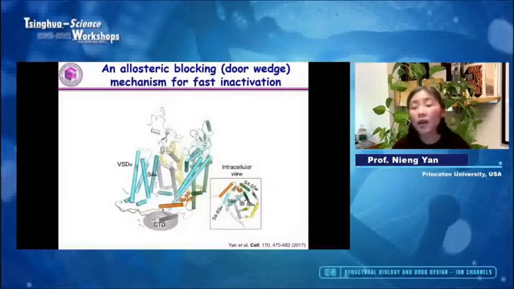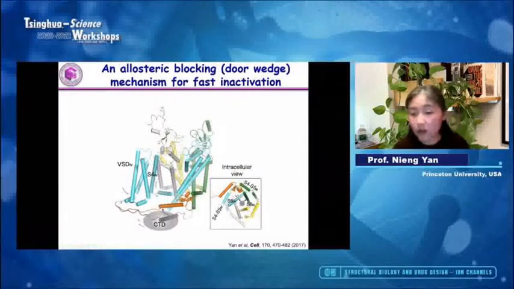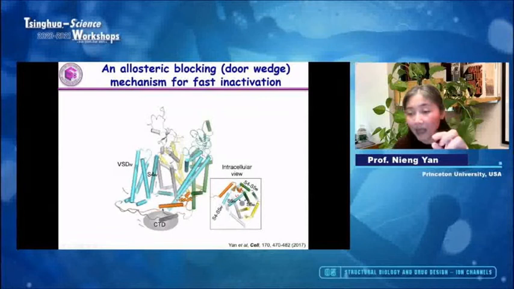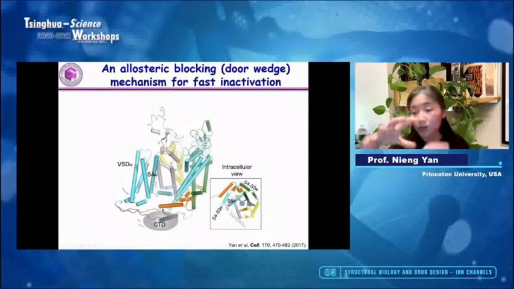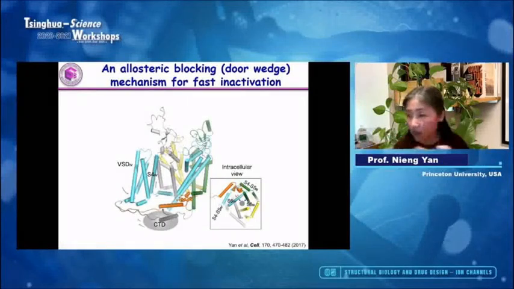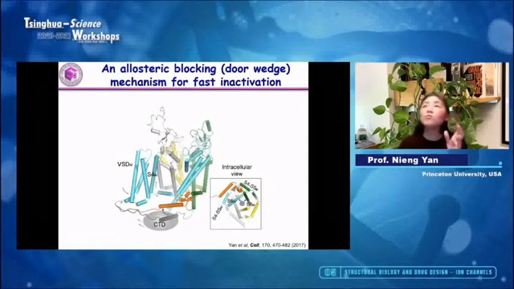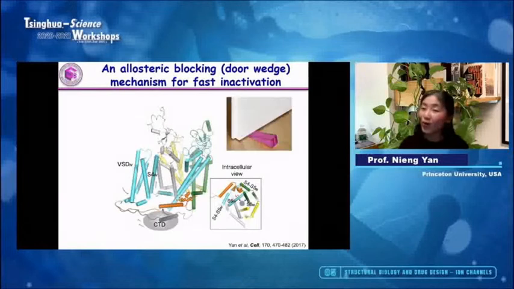But it is not like the potassium channel where the intracellular gate is blocked. Rather, this F motif is inserted into a cavity that's outside of this intracellular gate. It's outside of the tetrahelical bundle that encloses the gate. So this reminds me of the door wedge, right? If you want to close a door, there can be two ways.